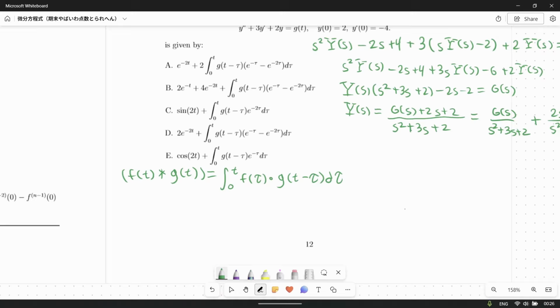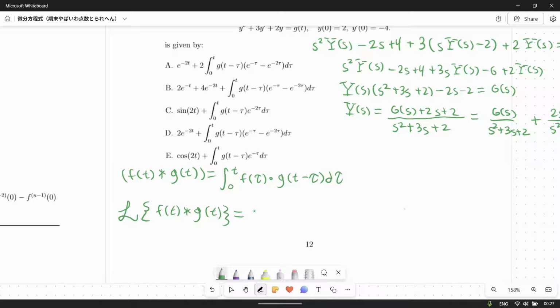And then we have to relate this to Laplace transforms. The way Laplace transforms work with convolutions, we can say that the Laplace transform of f of t convoluted with g of t, if you look at your Laplace table, that's going to tell you that it's equal to the Laplace transform of f of t times the Laplace transform of g of t.